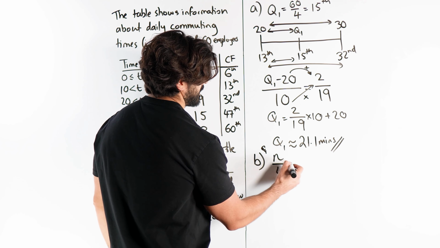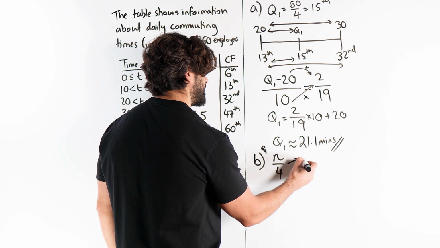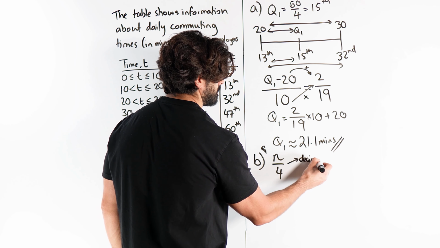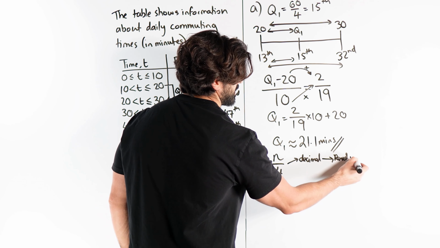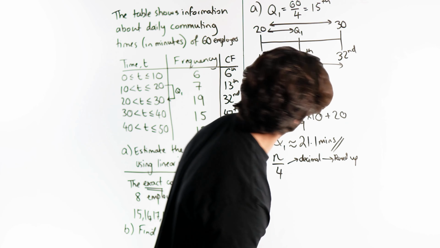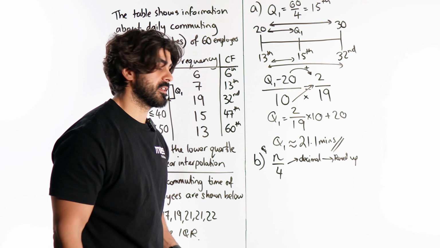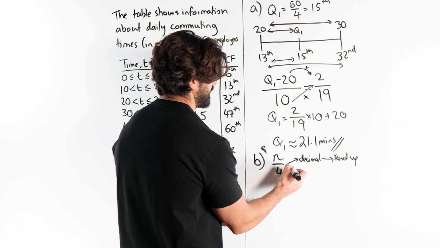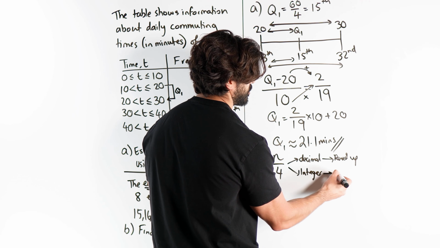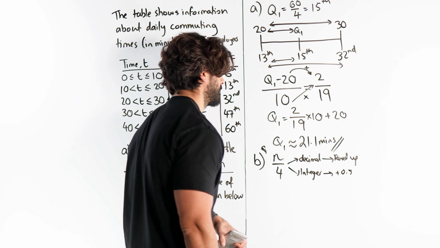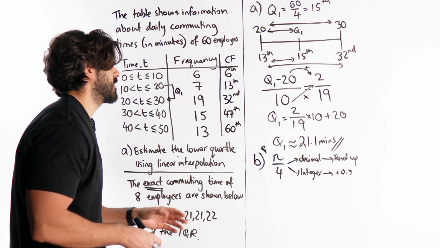If that answer is a decimal, then you round up. This is to locate where the quartile is. If it's an integer, a whole number, you just add 0.5.